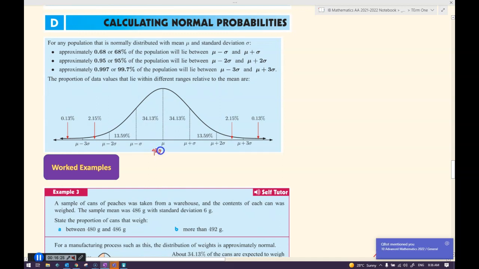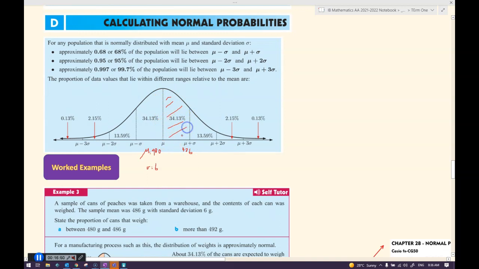That looks like 480 almost. We always write this underneath: mean equals 480, standard deviation equals 6. So when I'm looking between 480 and 486, it's asking me, what's this area in here?